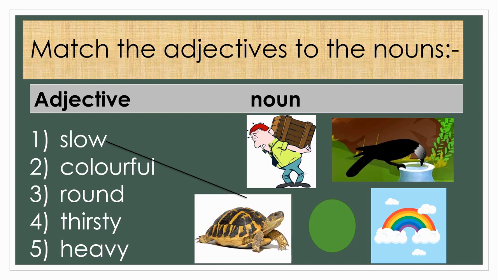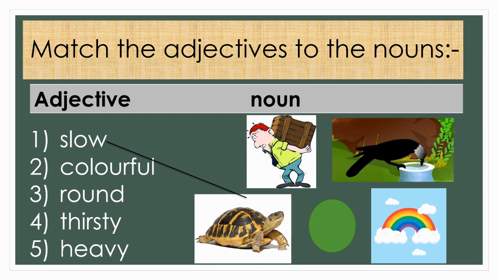For example, the first adjective is slow and I have matched it with the tortoise because tortoise walks slowly. So the adjective slow goes for the noun tortoise. In the same way, you have to match other adjectives with the proper nouns, means with proper pictures.